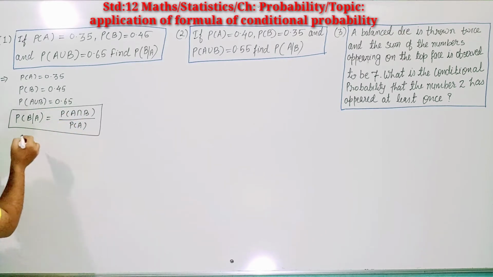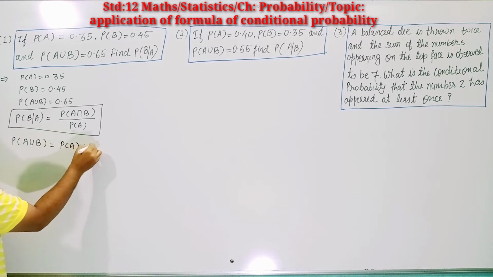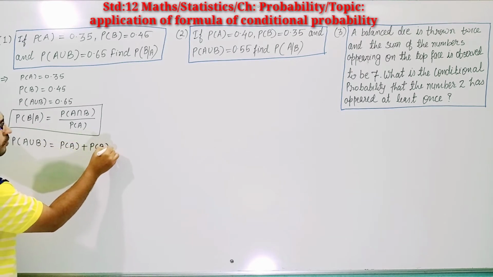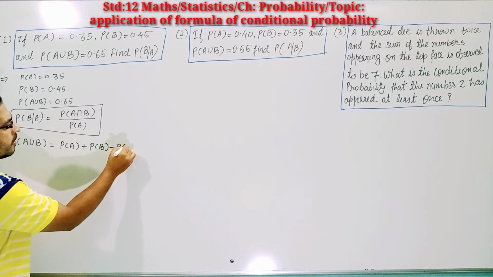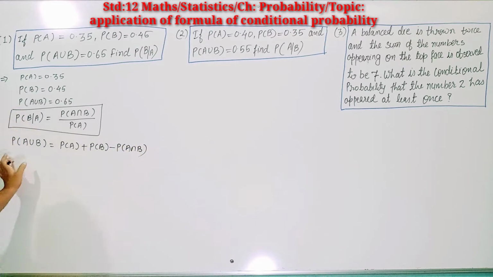So students, we know that probability of A union B is equal to probability of A plus probability of B minus probability of A intersection B. The probability of A union B is given, 0.65.